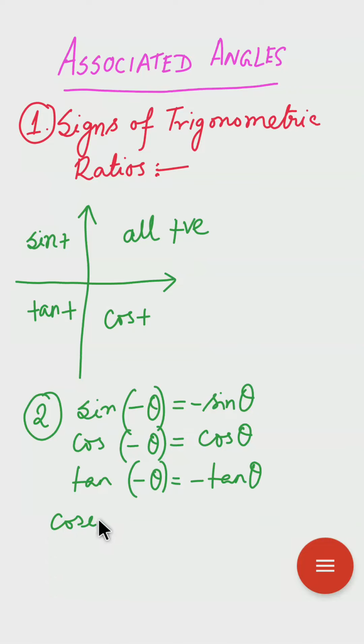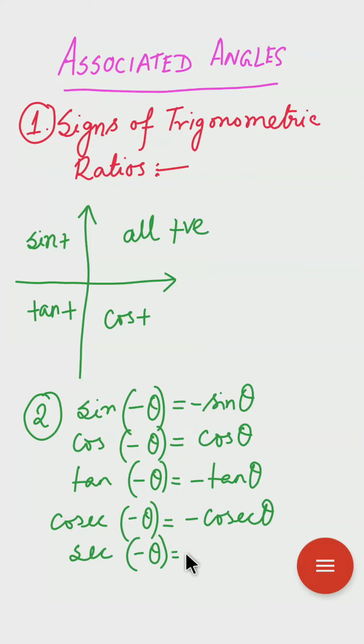Cosec minus theta is equal to minus cosec theta. Sec minus theta is equal to sec theta, and cot of minus theta is equal to minus cot theta.